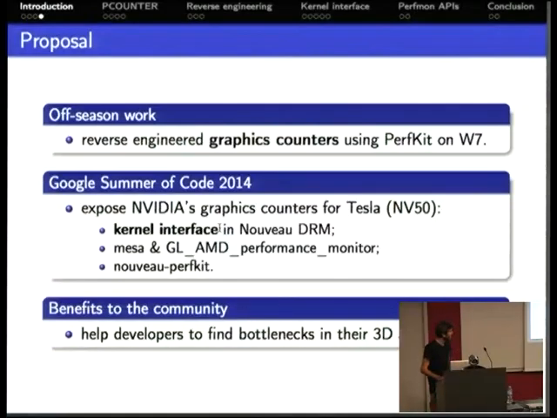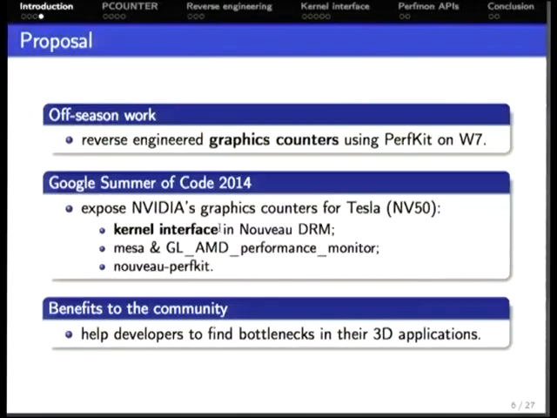So before exposing graphics counters, we first need to reverse engineer them. So we have to use PerfKit on Windows 7. I did this work during the 2 GSoC projects. And this year, my proposal was to expose graphics counters for the Tesla family.